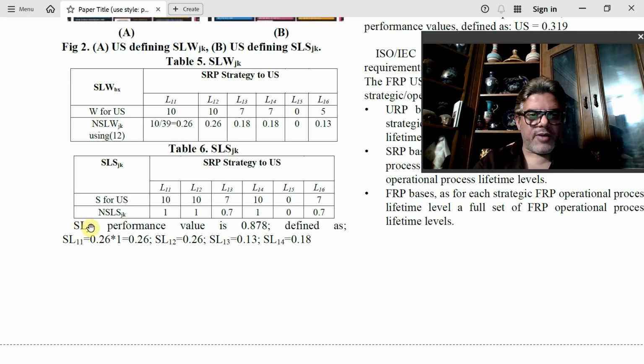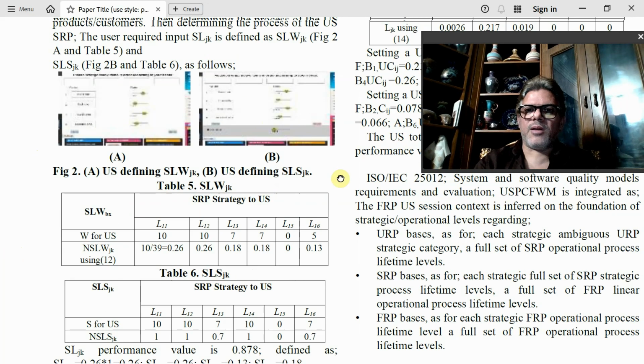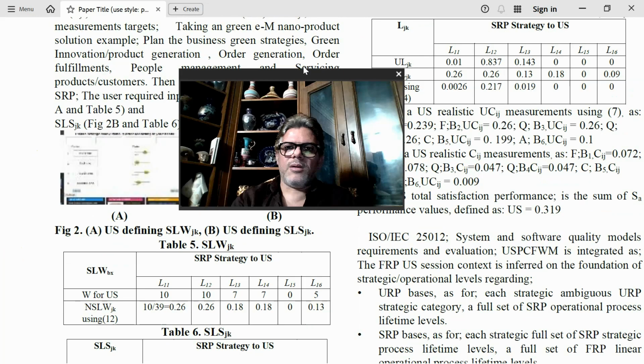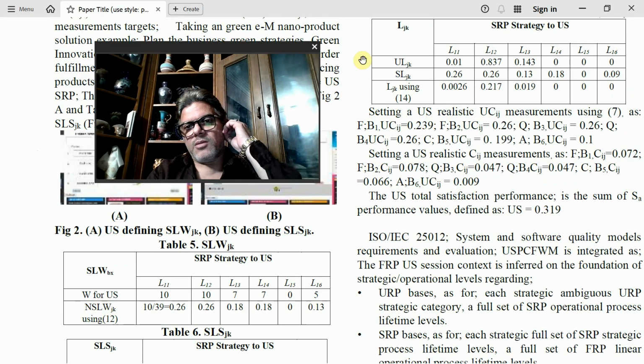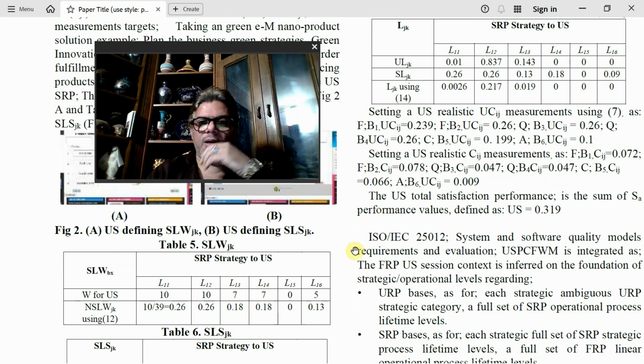Okay, so the satisfaction, again, as before, multiply and then add. Yeah, multiply then add.